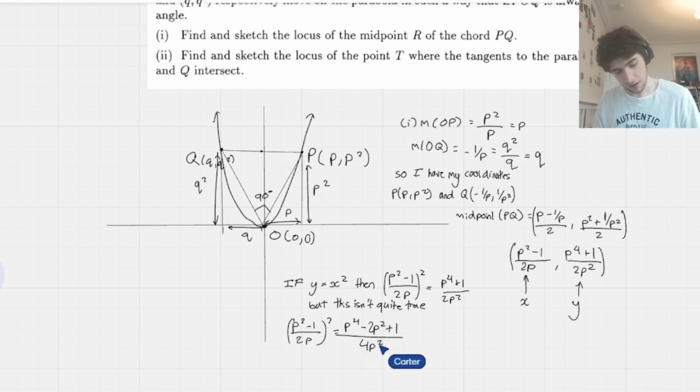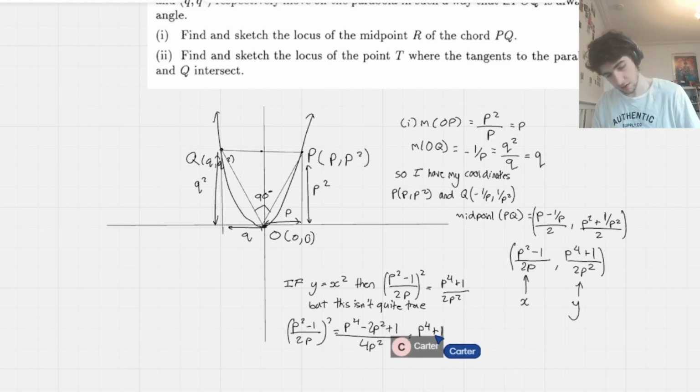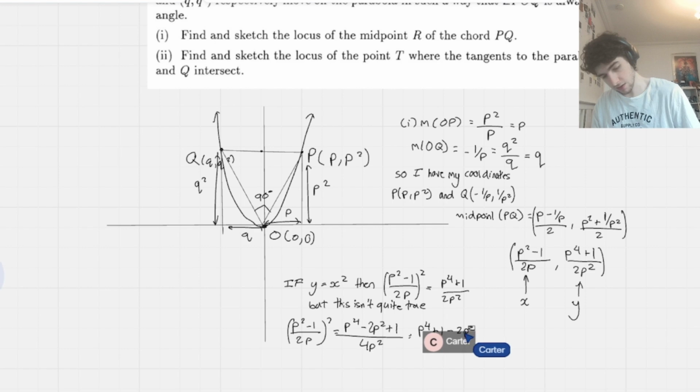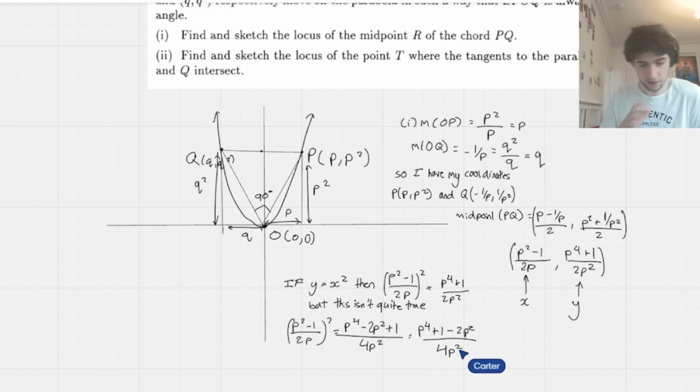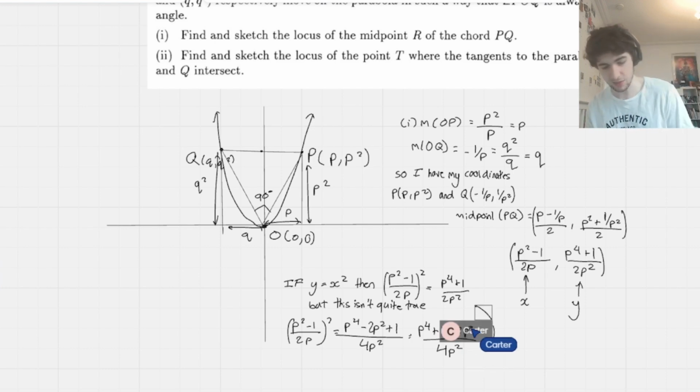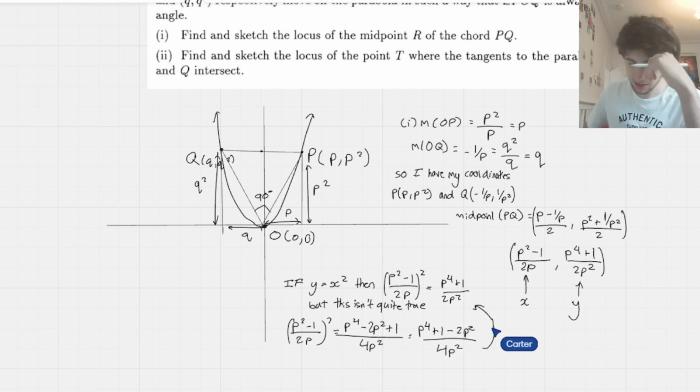So it's effectively p to the 4 plus 1, again, minus 2p squared, divided by 4p squared. You can clearly see this is not exactly the same as that, but it does look very similar.